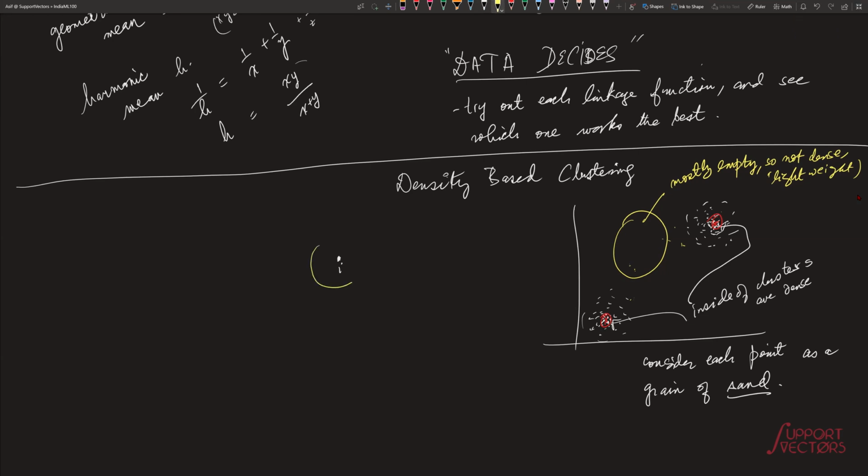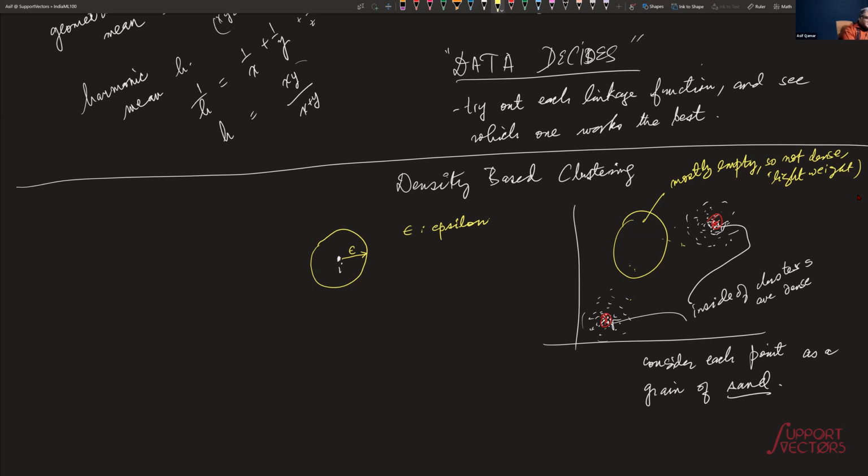I am not terribly good with drawing, but let us make a circle of radius epsilon. This symbol, by the way, this funny E, is the Greek letter epsilon, the Greek equivalent of E.